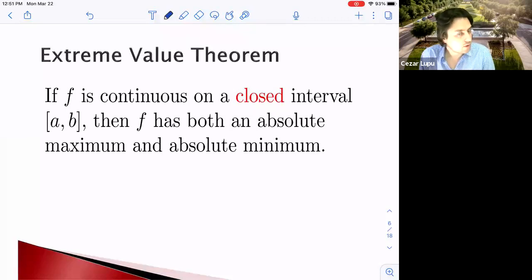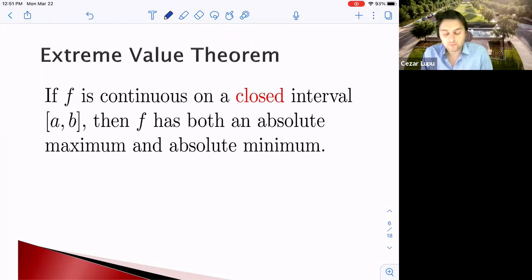Before we even go and talk about derivatives, let me remind you that the extreme value theorem says that if f is continuous on a closed interval [a, b], then f has both an absolute maximum and an absolute minimum. This is very important.